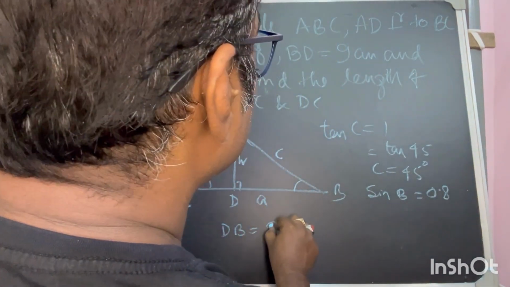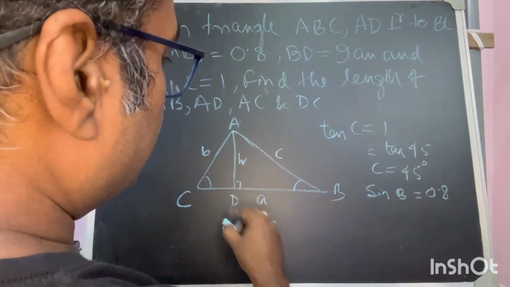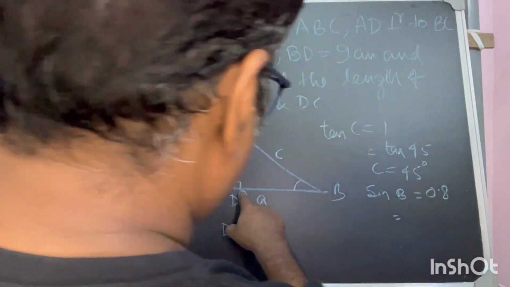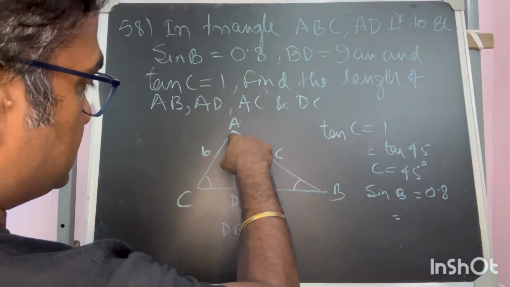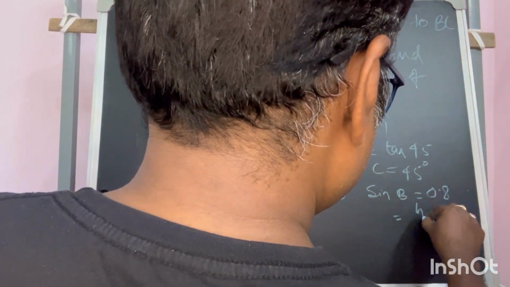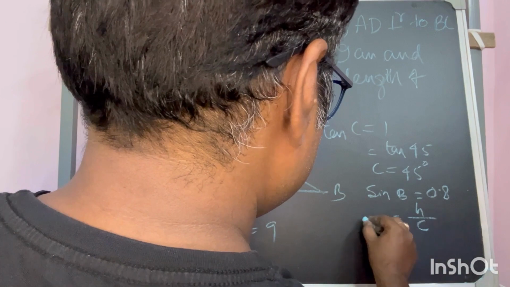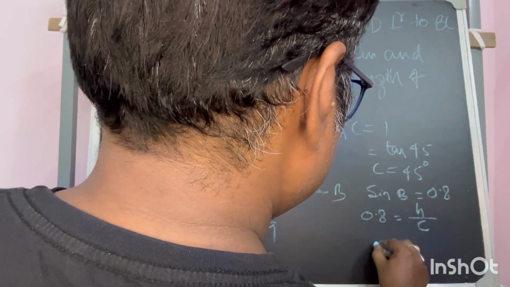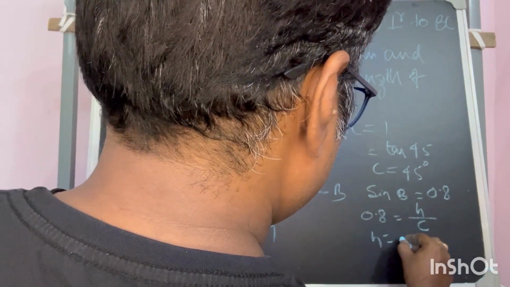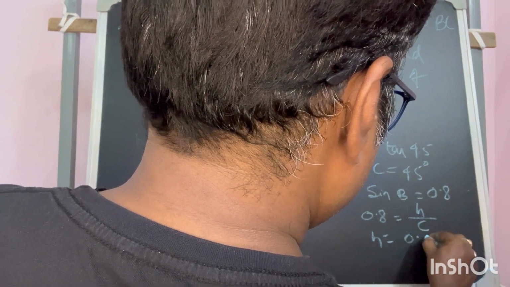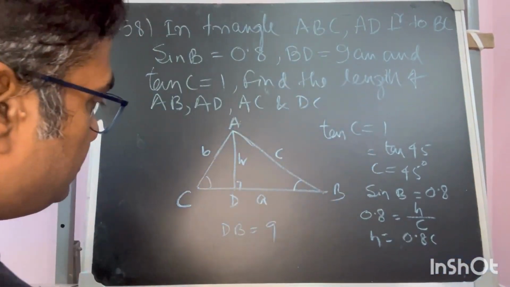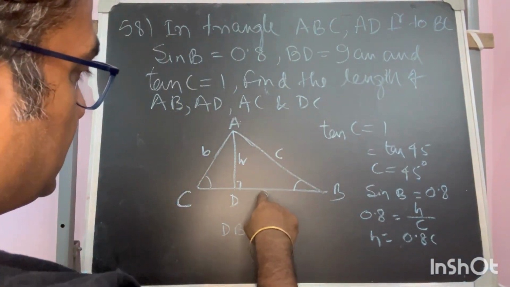So this is taken as 9. BD is given. So from there, sine is H upon C. So sine B is equal to 0.8. So H is equal to, height is equal to 0.8 C. This will be another one, and this is 9 as taken.